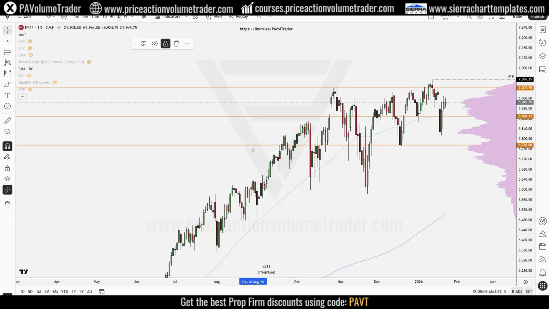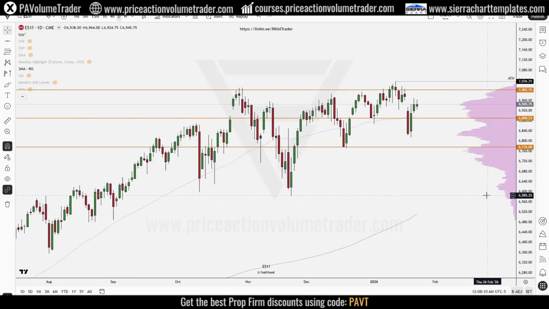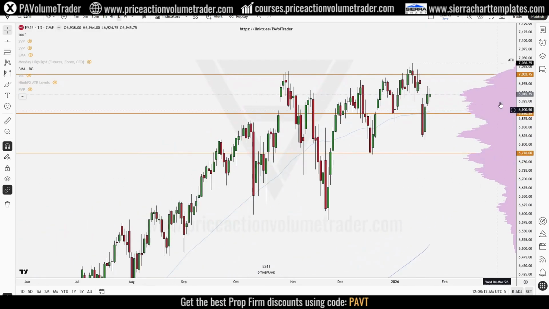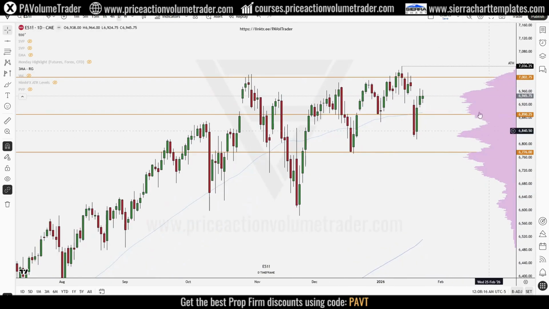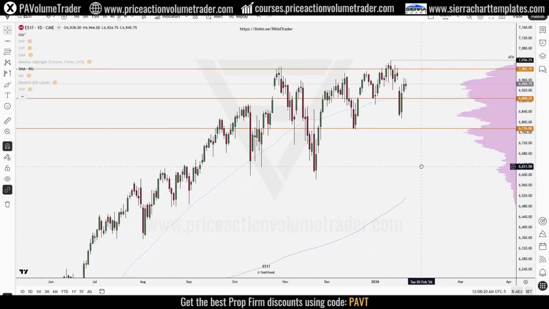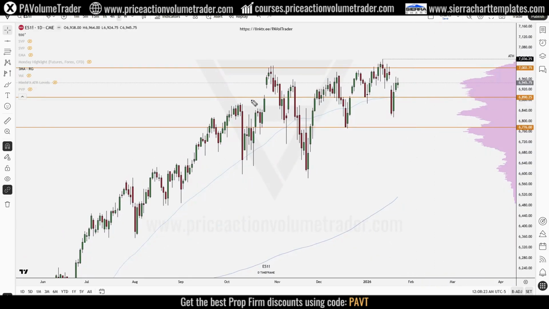Okay. Now, these long-term profiles, I don't really move them very much. I'll sometimes anchor them, and it's going to be weeks or even months before I need to really move them, because it all depends where the market is. Like right now, we've been pretty much in this general range since middle of September.